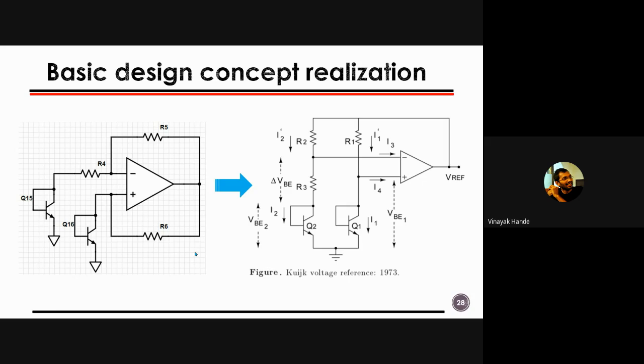I believe what we thought, he also might have thought along similar lines, so you can see this circuit in the paper. I think he might have published it in JSSC or ISSC, I don't remember, but you can find Kuijk's voltage reference 1973. Just Google it, you'll find this circuit. It is quite a popular circuit.